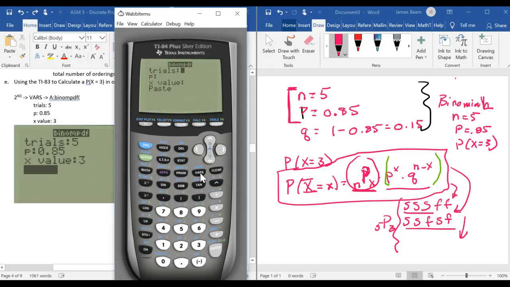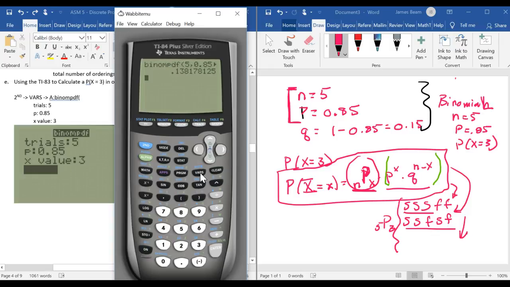It brings up a wizard that gives me these things. I'm doing 5 trials. The probability of success is 0.85. The X value that I'm looking for is 3. I go paste back to the main screen. This is how you used to have to type it all into the calculator. The wizard just creates the command the calculator would use. If you have students with an old calculator, this is how they would have to type it in.